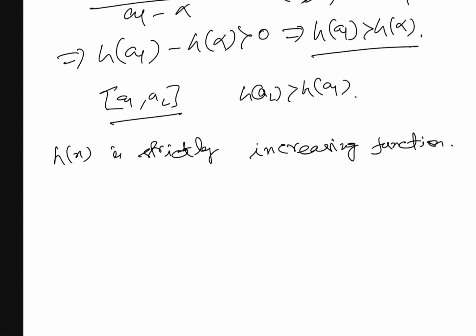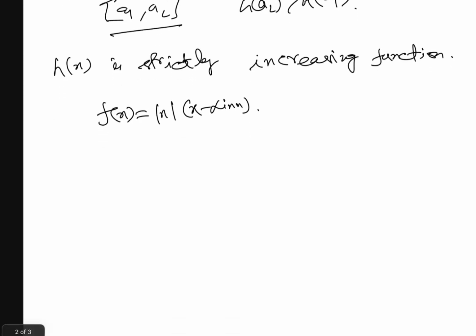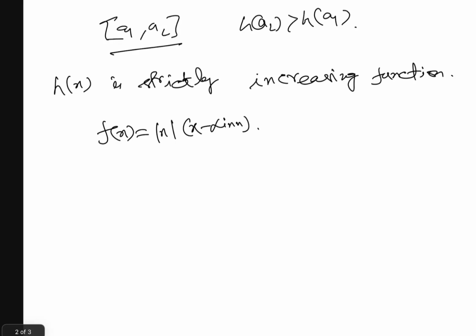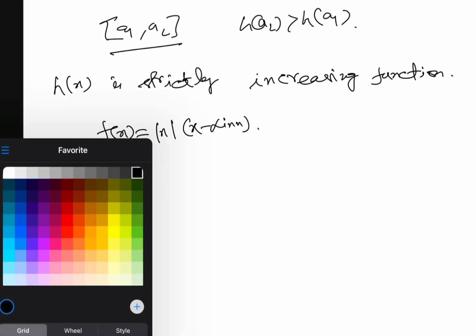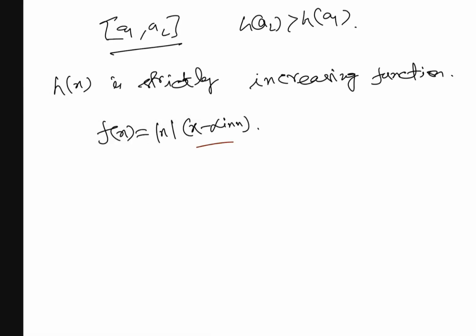So now we can draw the graph of f x, that is mod x into x minus sin x. Because we have already said that f x is an odd function, whatever it is for x positive will be symmetric about the origin for x negative, and this part is similar for both parts.